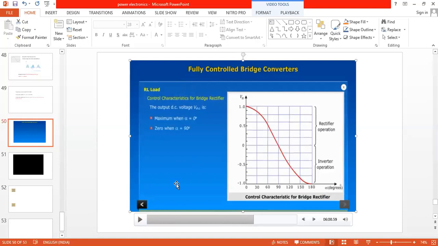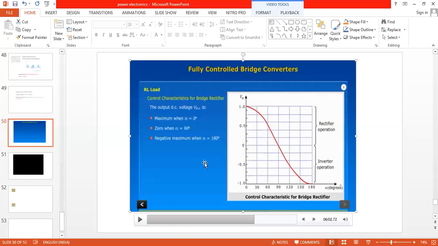The output voltage formula is 2 Vm by pi into cos alpha. One point to remember: the output voltage varies with the firing angle as cos alpha. When firing angle alpha is 0, we get maximum output voltage. When the firing angle is 90, we get 0 voltage. The output voltage becomes negative if the firing angle goes toward 180 degrees.